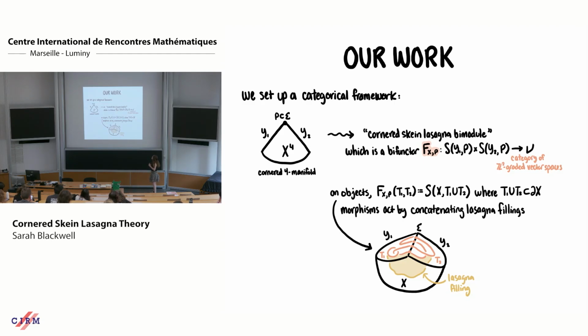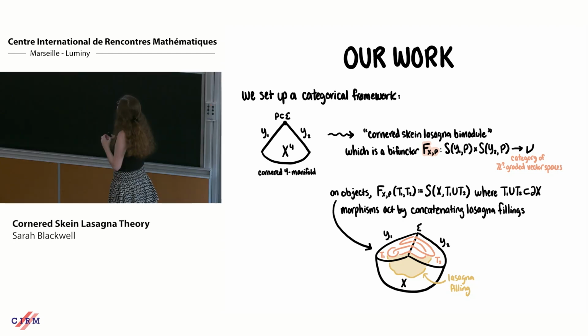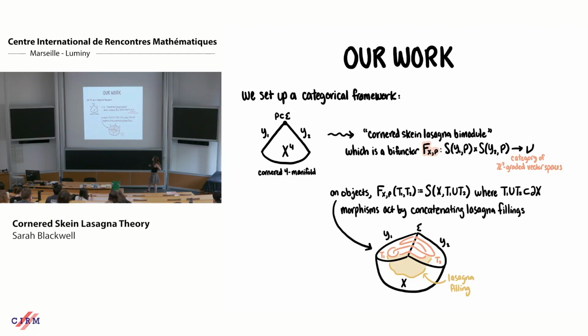So the question is, to make the definition, I smooth the corners, but no, we haven't smoothed any corners. The point is that if I have a Skein Lasagna of two of these things and I glue it together, I want to be able to track what's changing there.